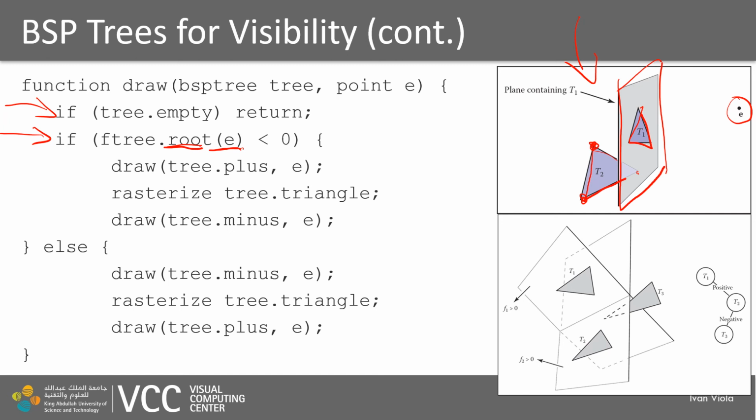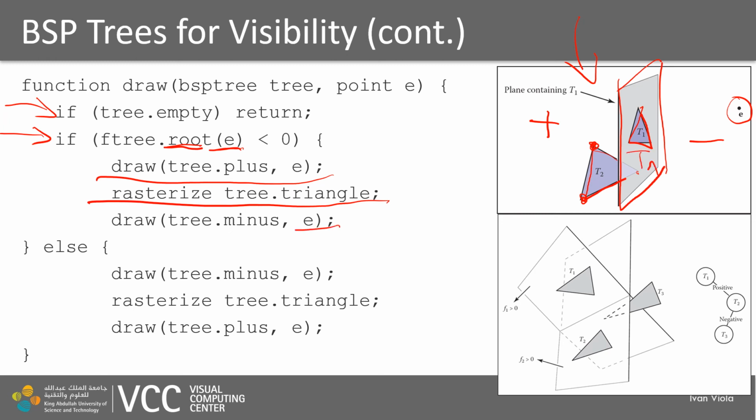If this is true, then what should we do first? Well, first draw everything which is in the positive side. So this is plus, this is minus. Then rasterize the triangle, which will be our T1.